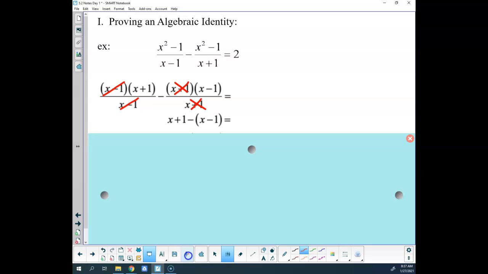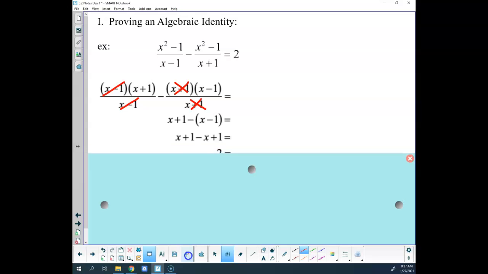So all we're left with is x minus 1 minus the quantity x plus 1 minus the quantity x minus 1. Distribute our negative sign: x plus 1 minus x plus 1. X minus x is 0. 1 plus 1 is 2.